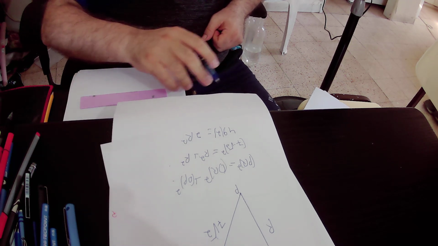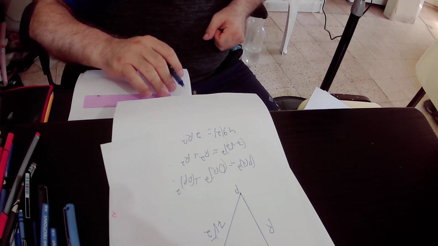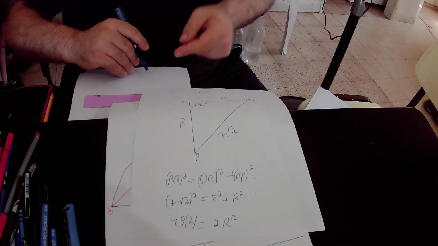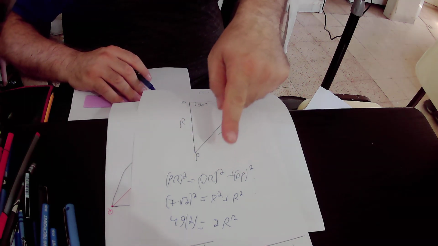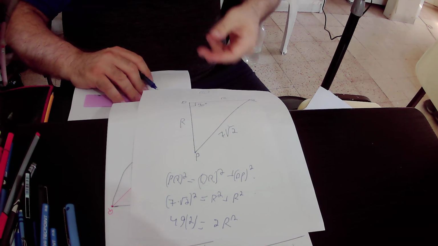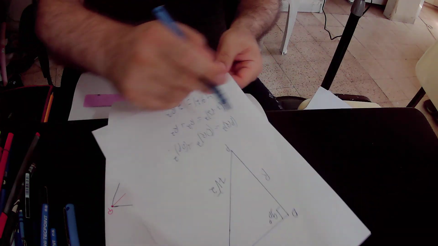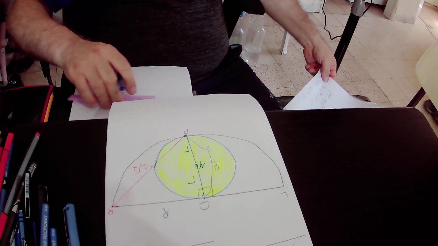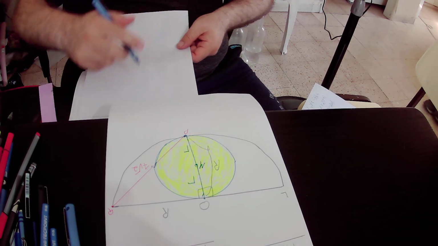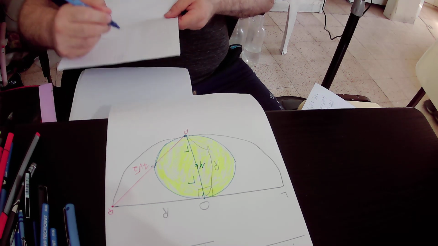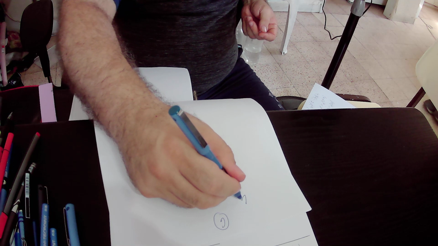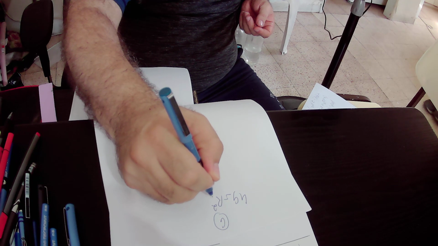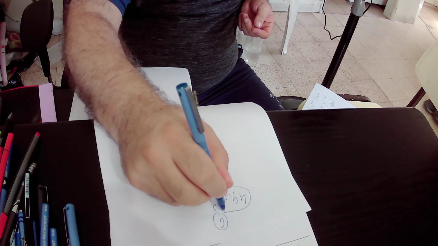Now we can divide the equation by 2. So we get that 49 equals R square, because 2R square divided by 2 equals R square.